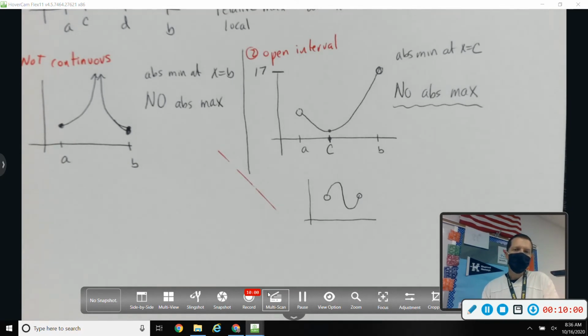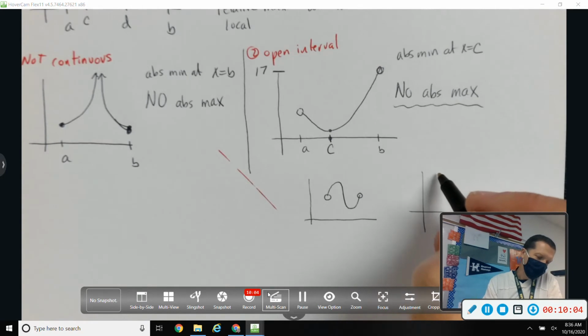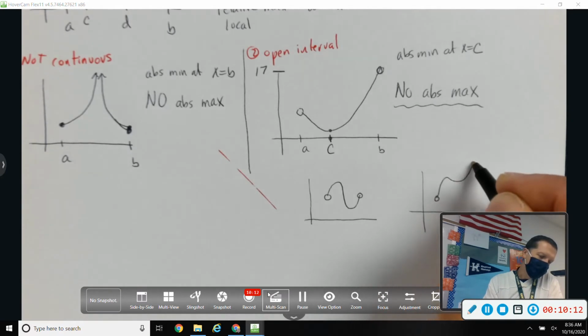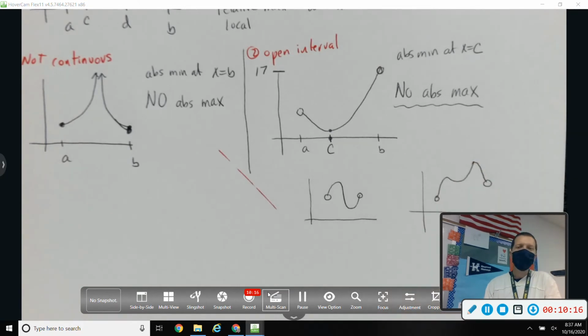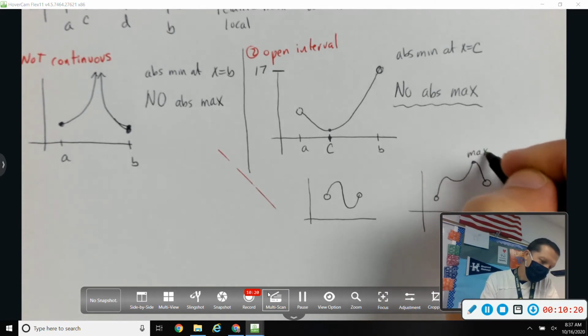So good question. I think you were specifically asking if it was basically the inverse, so if it was the bottom one. Yeah. There we go. That one has a max, but no min.